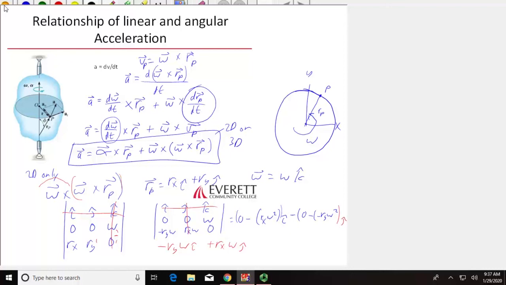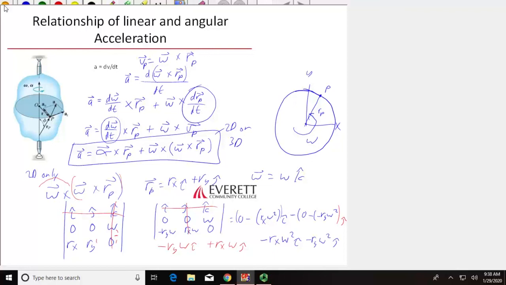Okay. Very longhand, but we'll get to what we're trying to find in a second. Let's go ahead and just write this ij out. We end up with negative rx omega squared i, 3 negatives is negative ry omega squared j.